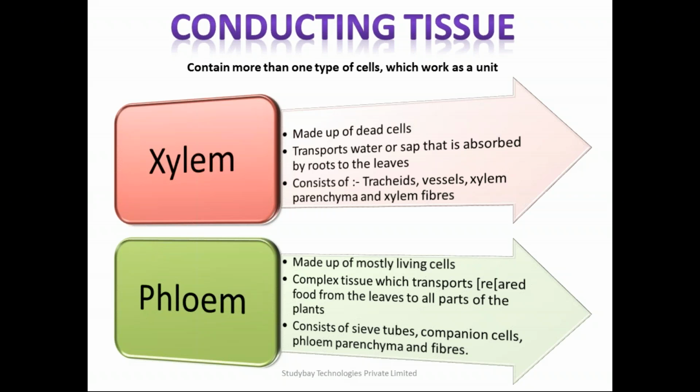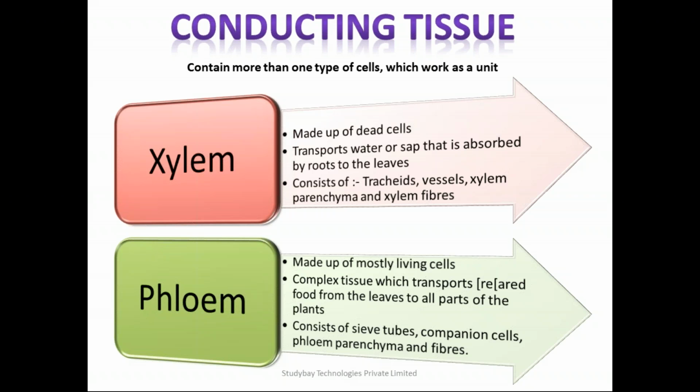Similarly, phloem is made up of mostly living cells. And these are complex tissues which transport the food prepared by the process of photosynthesis in the leaves to all parts of the plant.